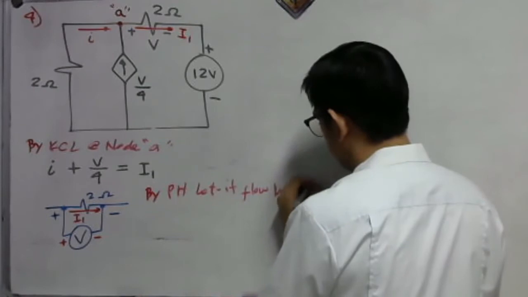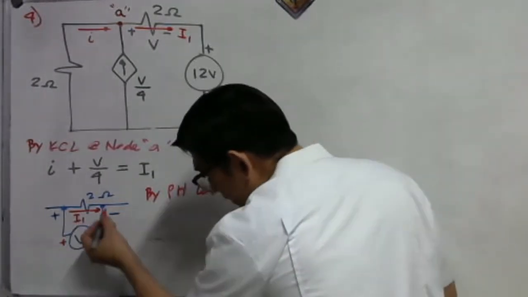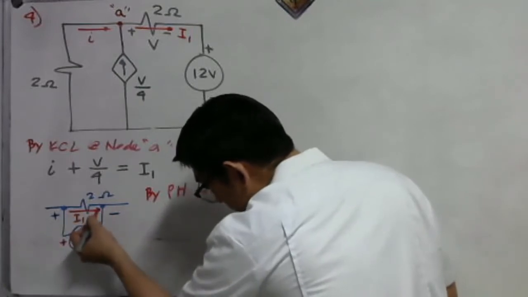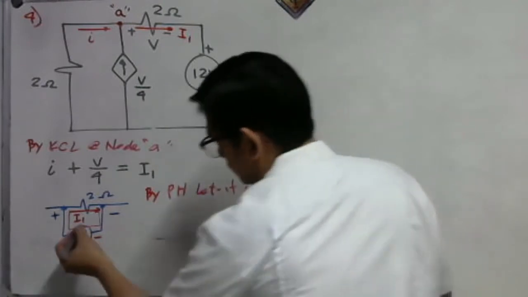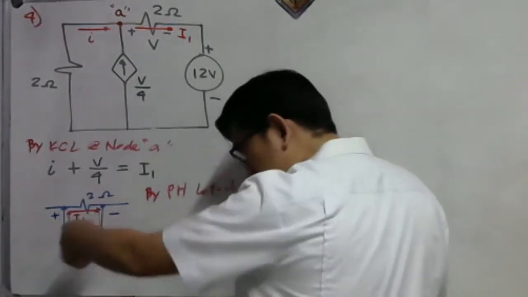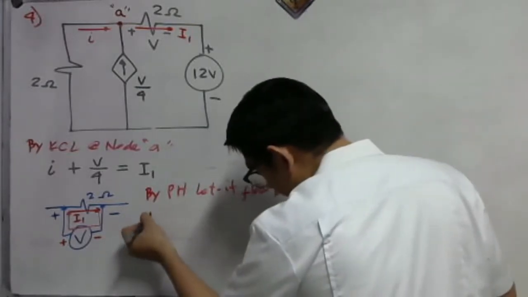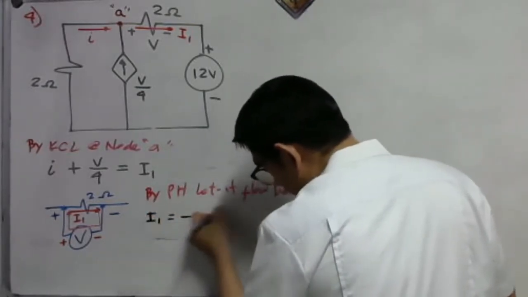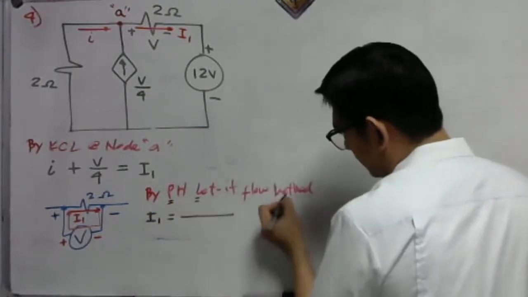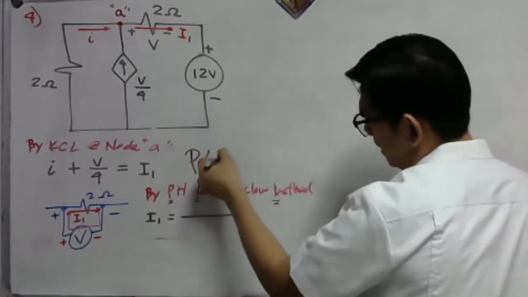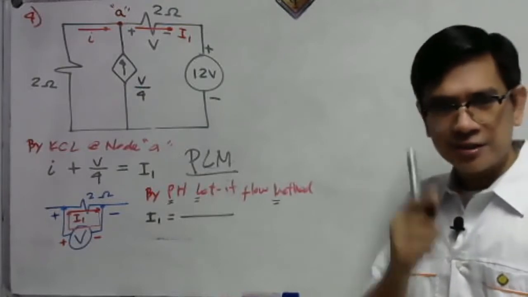What does it mean? We have our current I sub 1. Let it flow here, following its direction, that is in a clockwise direction. We call this the PLM, the Powerhouse Let It Flow method, which is based on Kirchhoff's law.